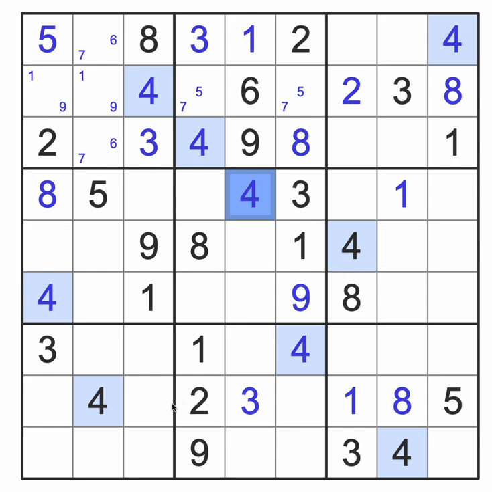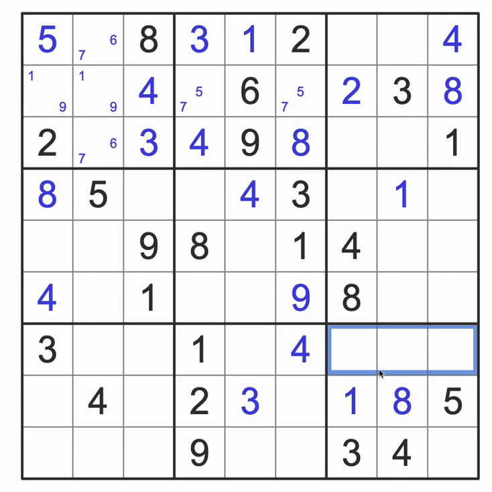Oh, and I can place 9 in box 7. I must be missing something, but right now to do that I have to look at box 9. 9 in box 8 blocks this cell.